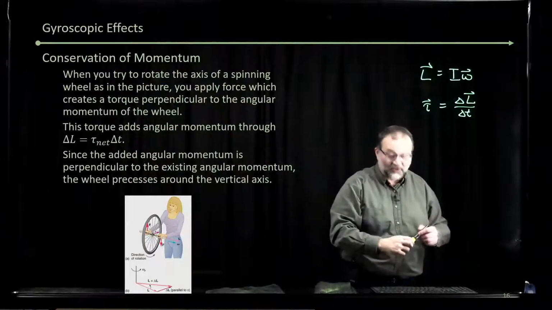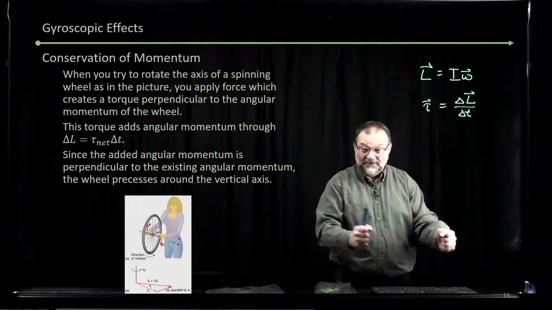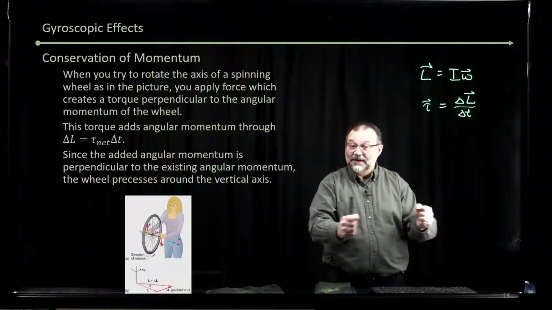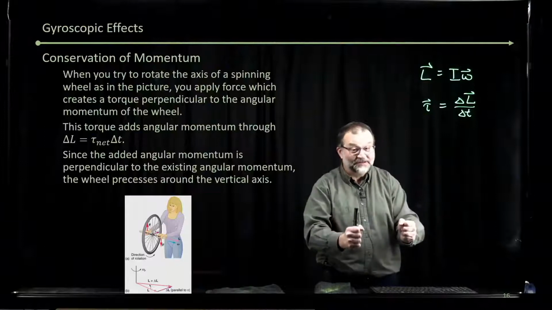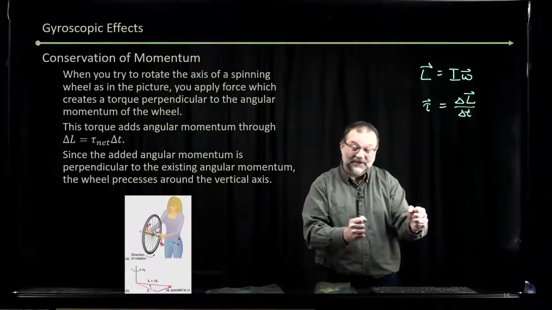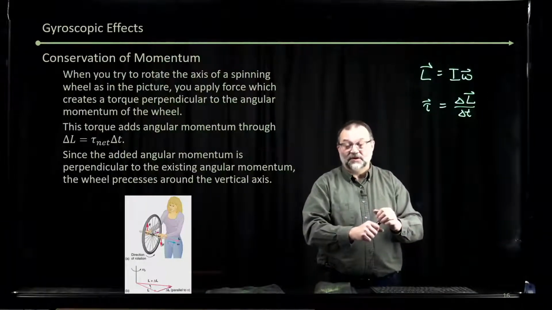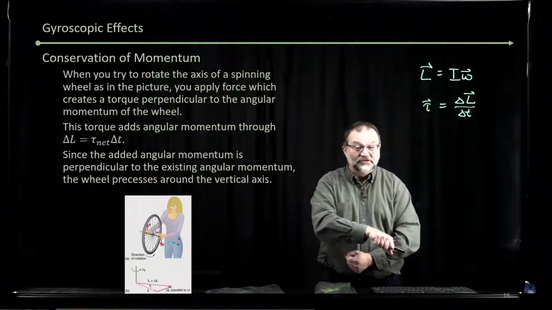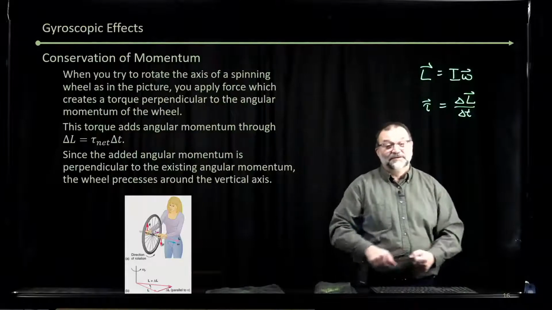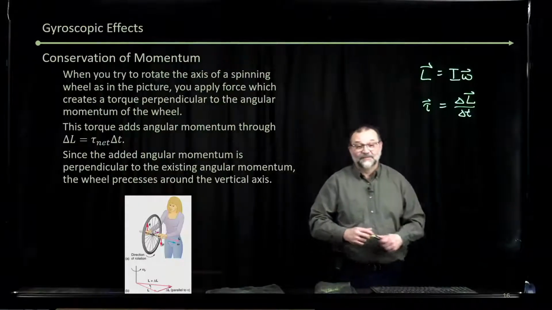Now, when you're on a bicycle and you're going along, and you try and move the wheel, you can feel the fact that the angular momentum doesn't want to change, and it actually takes a good bit of torque to get it to change. Or if you've ever been operating a chainsaw and really had it revved up and made the mistake of moving too fast, you can pull the chain off the bar.